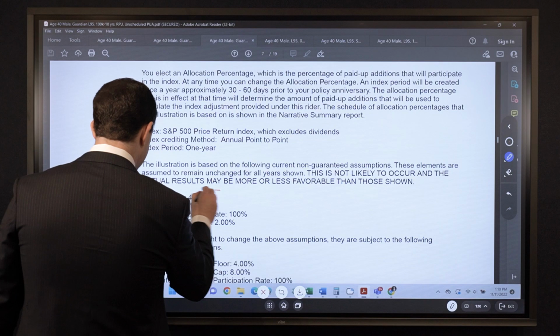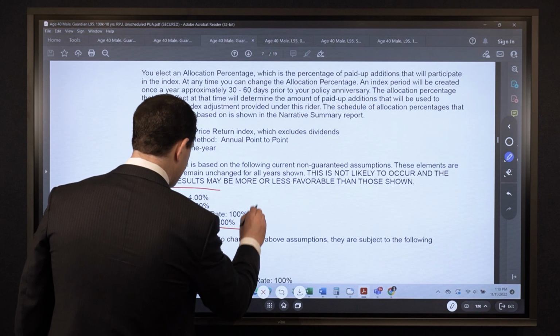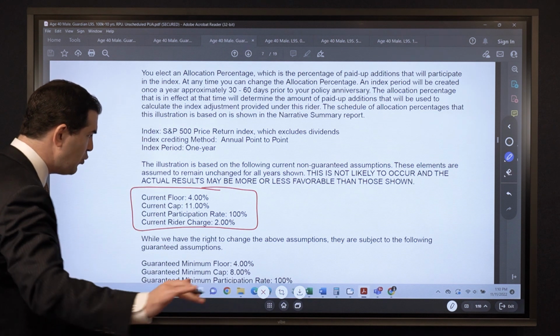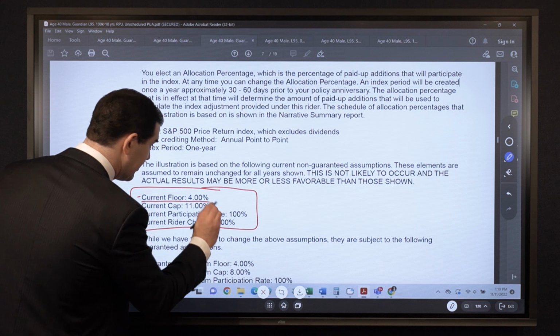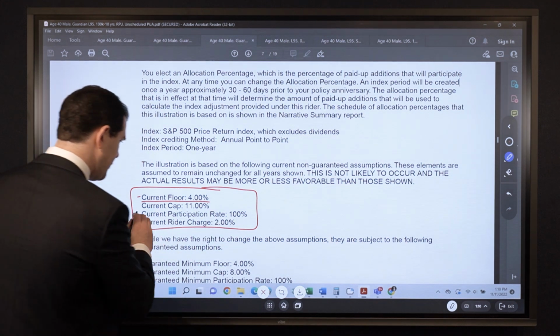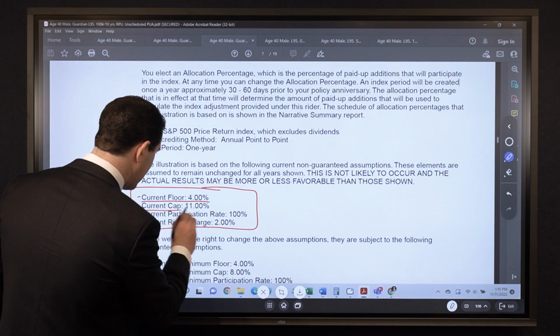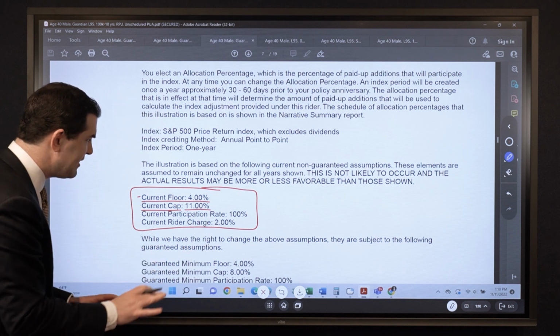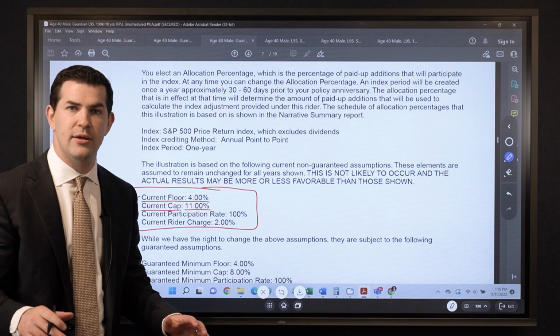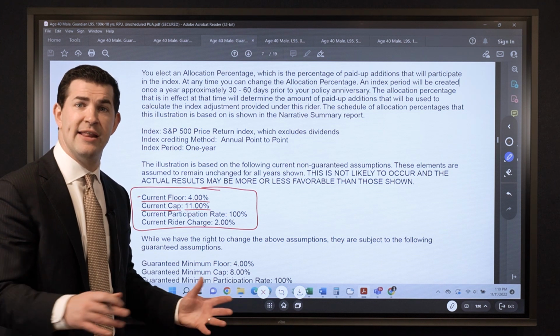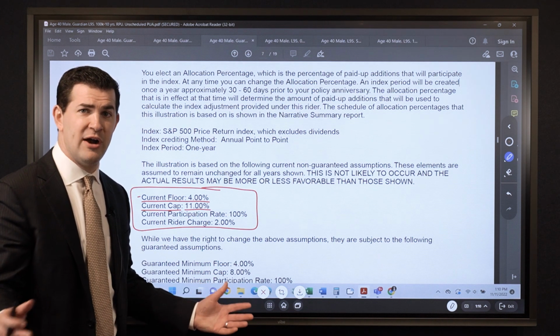So what do we see next? This is important information. We see when the rider is exercised, current floor, 4%. Current floor, keep that in mind. What do we see next? Current cap, 11%. What this represents is if the market increases, let's say by 30%, like what we saw in 2019, when the S&P 500 grew by approximately 30%.